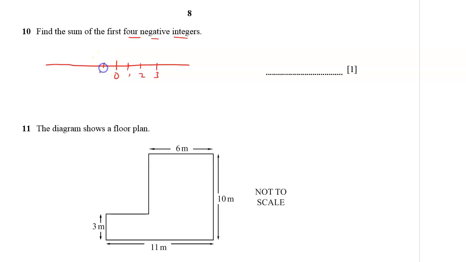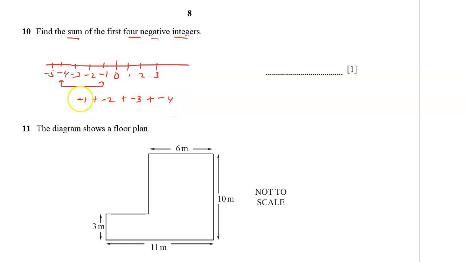But the negative side is -1, -2, -3, -4, -5. So the first 4 negative integers are from -1 all the way to -4. So you take -1 plus -2 plus, we are finding the sum, don't forget, -3 plus -4.